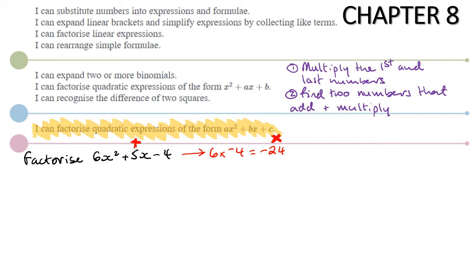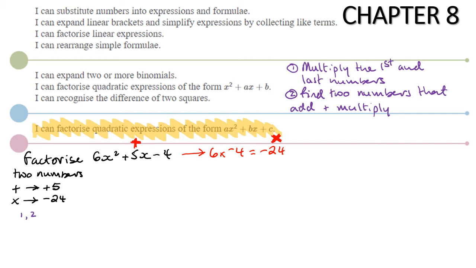So two numbers where they need to add to give me plus 5, and they need to multiply to give me negative 24.